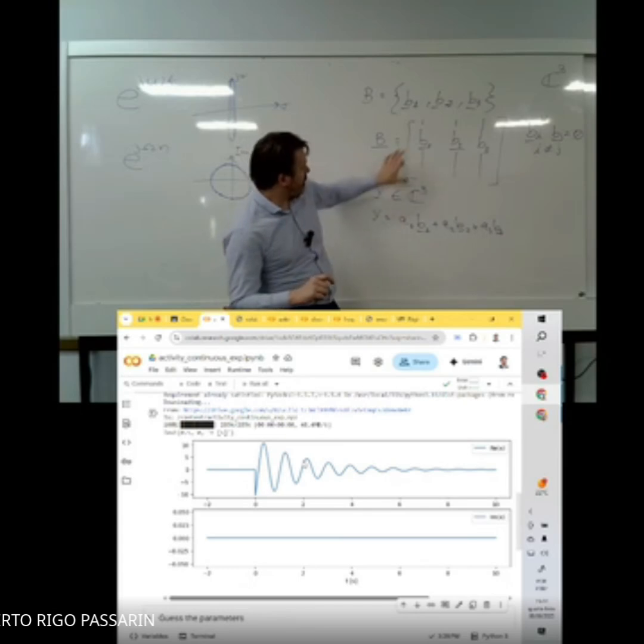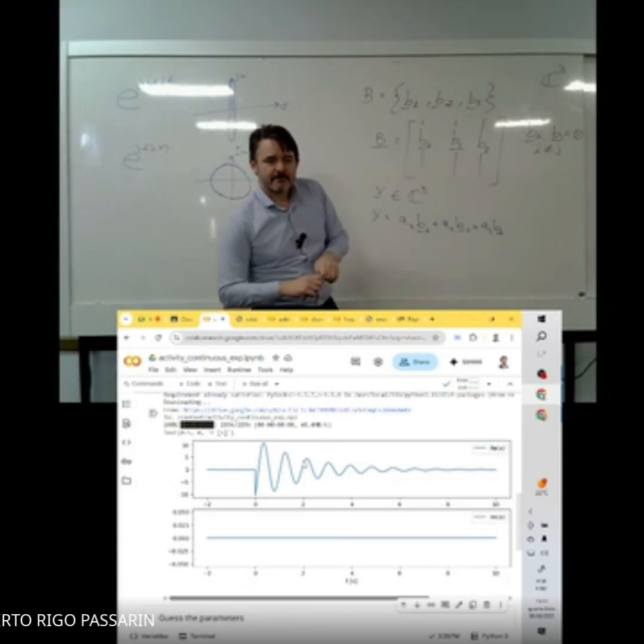How can I find the projection of V over B1? Inner product.